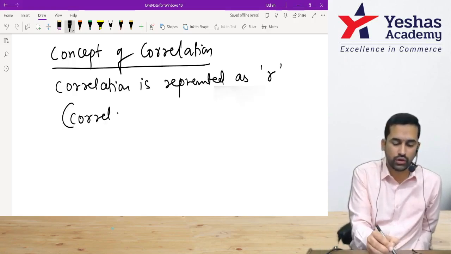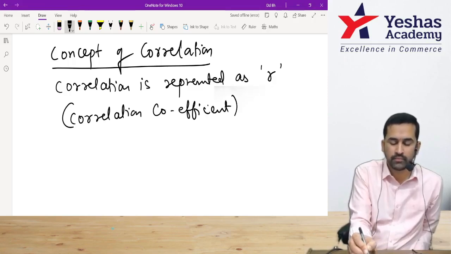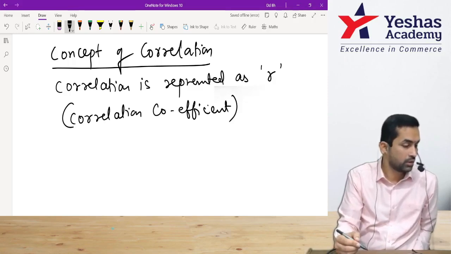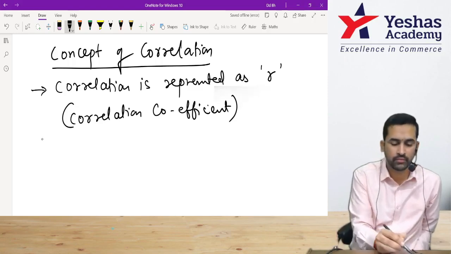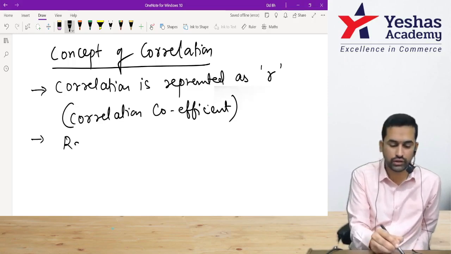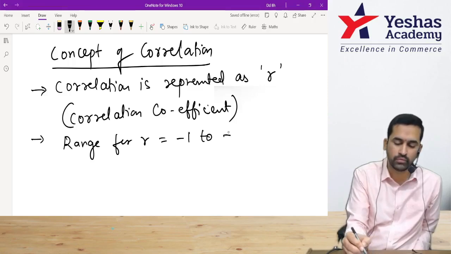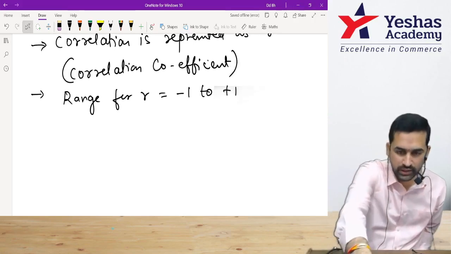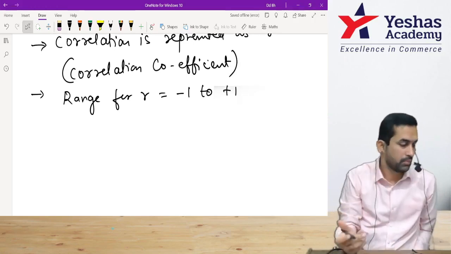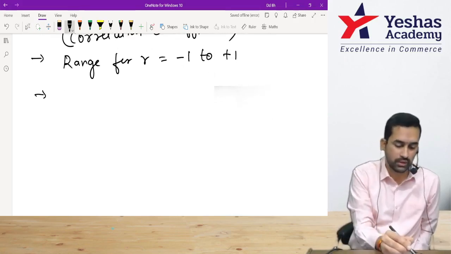In bracket, it is also called as correlation coefficient. Range for r is equal to minus 1 to plus 1. Start one by one.